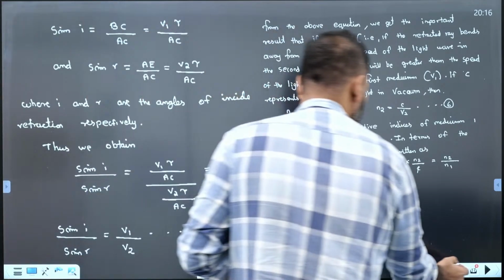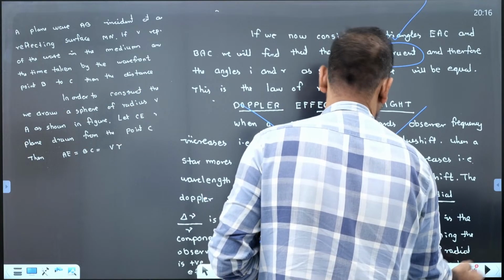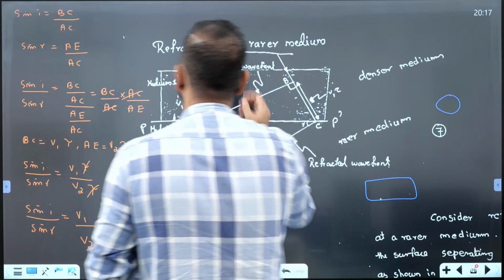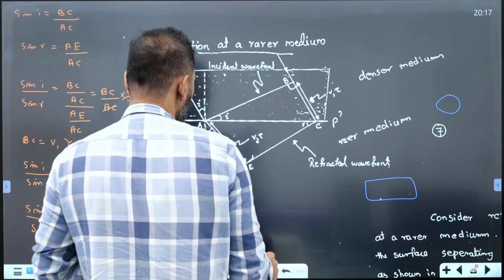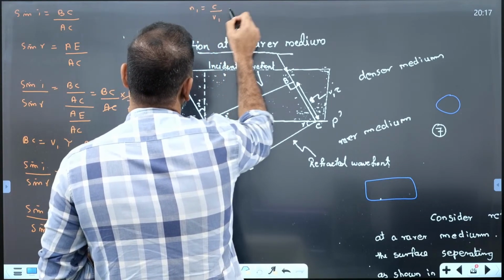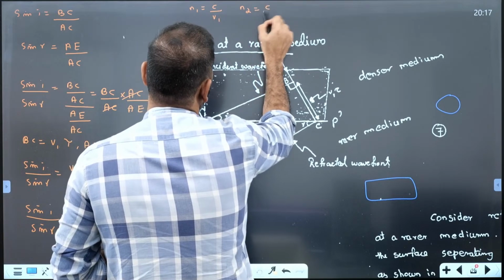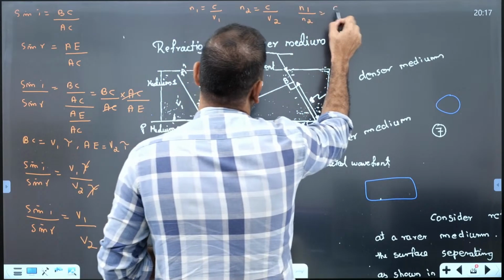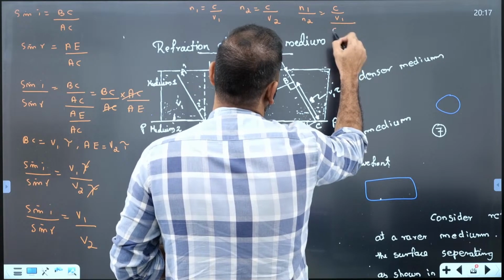If c represents the speed of light in vacuum, then the refractive index of the first medium n1 is equal to c by v1, and n2 is equal to c by v2.